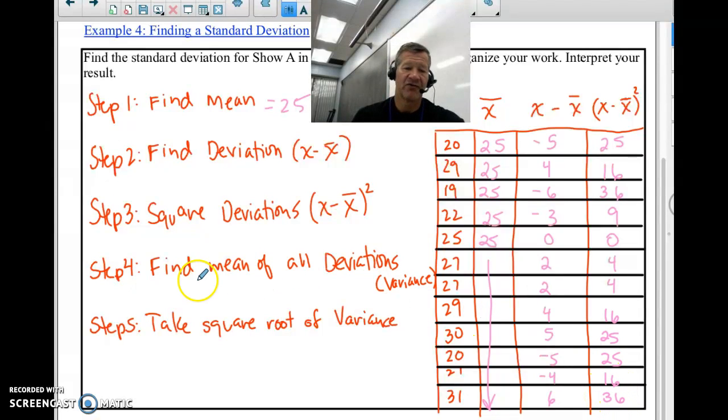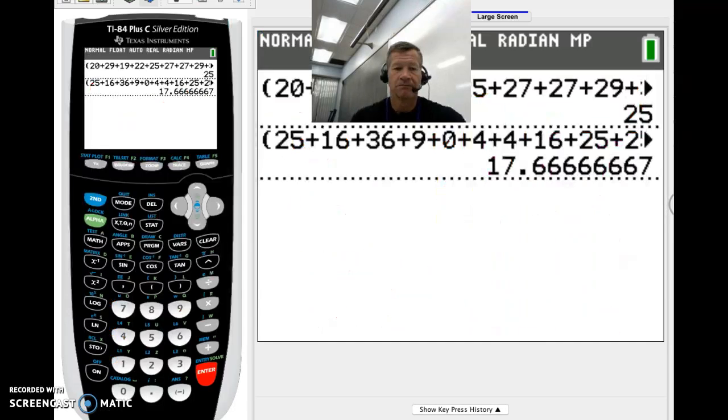Okay, step 4, we're going to find the mean of all those squared deviations, which is called the variance. So I'm going to take the mean of all these numbers. Once again, I'm going to do it on my calculator and come back, just to speed things up with the video. Here we go, I've added up all the squares of the deviations and divided by 12.